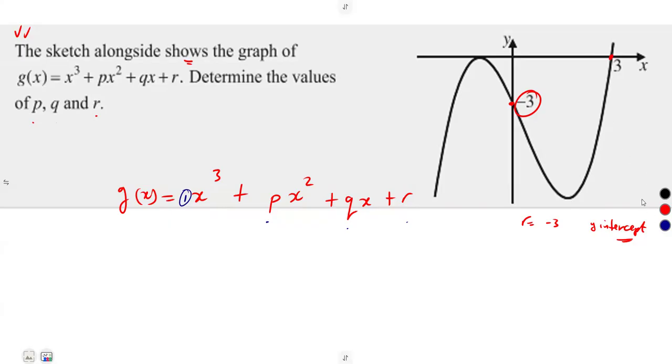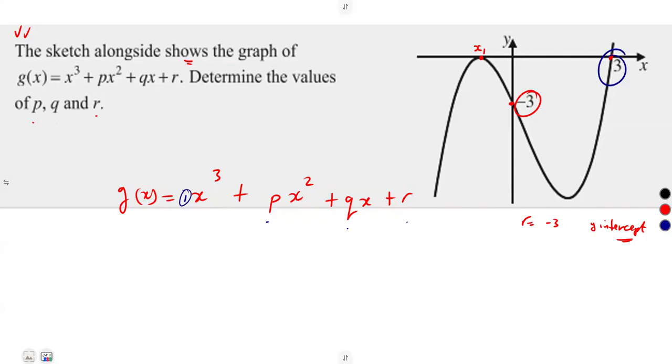We have got an x-intercept of 3, so we have the value of x there. But what we know is that it is supposed to be a turning point. It is supposed to be a solution as well. This one is a solution.